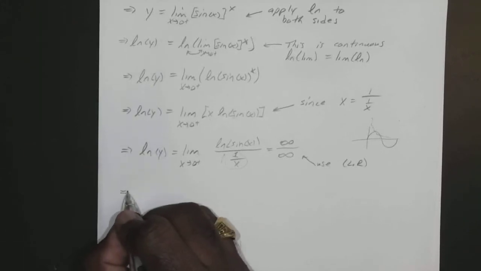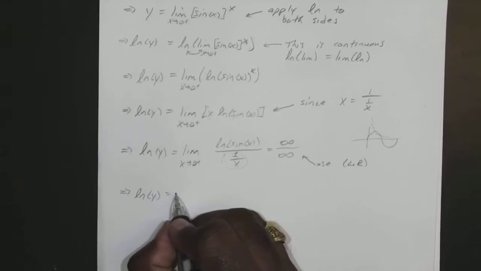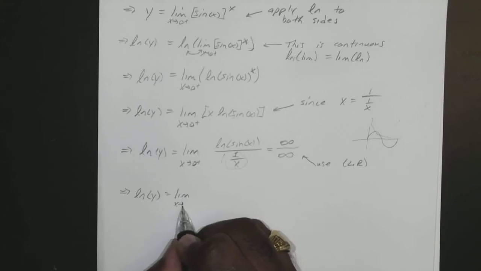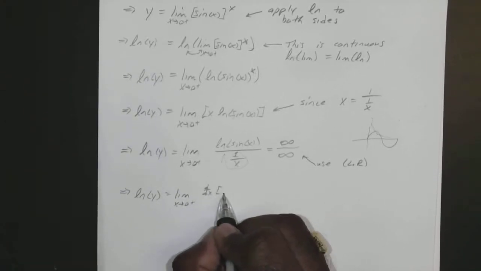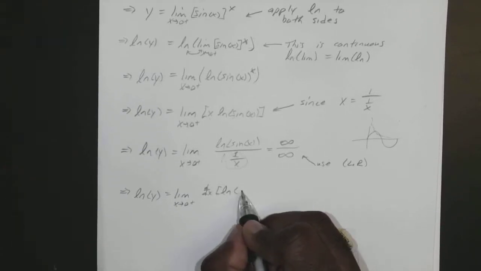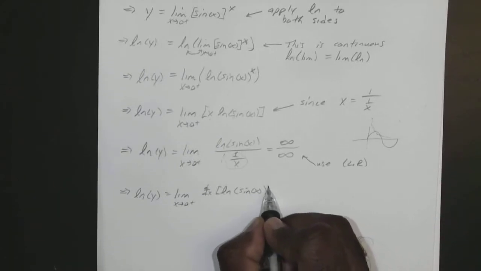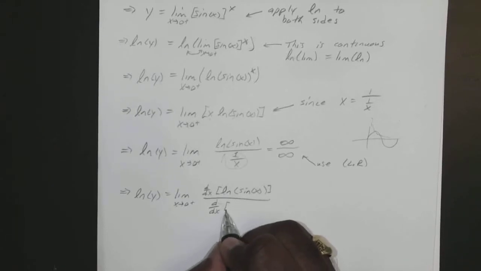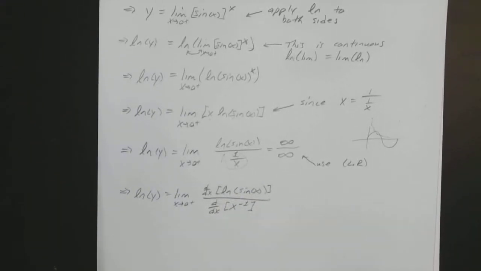Okay, so that means we have the natural log of y equals the limit as x approaches 0 from the right of the derivative of natural log sine of x, divided by the derivative of, instead of 1 over x, I'll make it x to the negative 1 power.